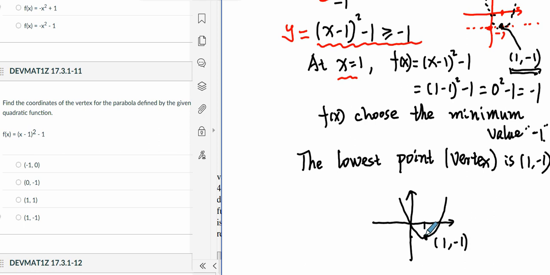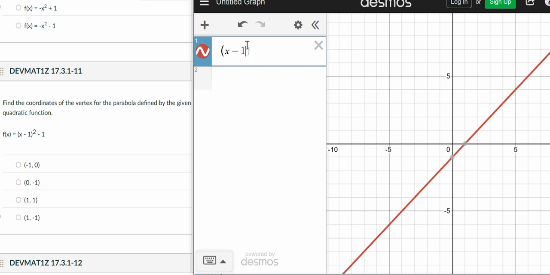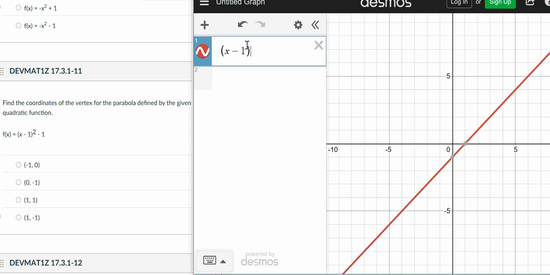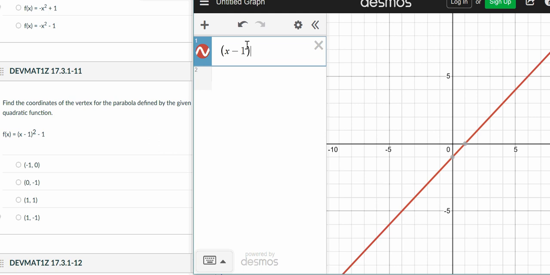If you have a decimal, you may also use the web to help you. You type x minus 1 and then squared. How do you input squared on your keyboard?